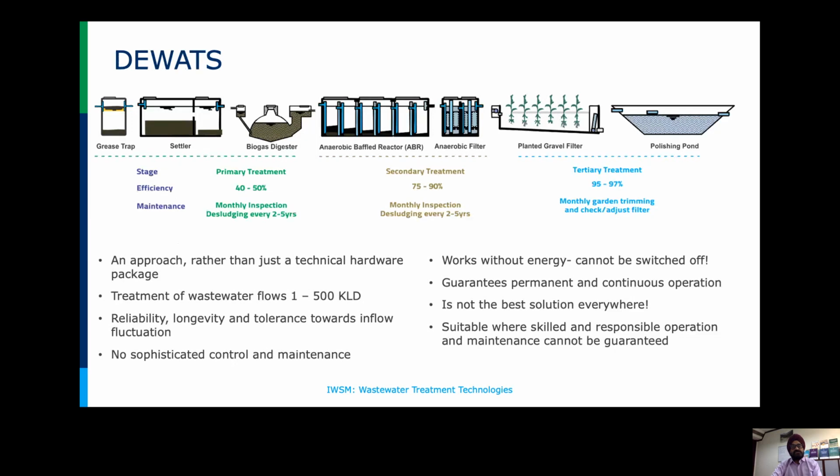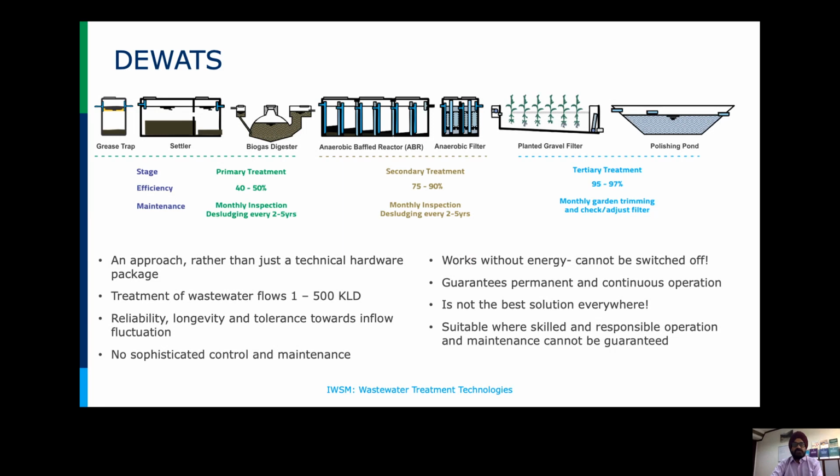So now, this is an example of a DEWATS system. What a DEWATS system is, is a patented name to explain a combination of technologies and treatment systems which tries to treat both the solid as well as the wastewater.